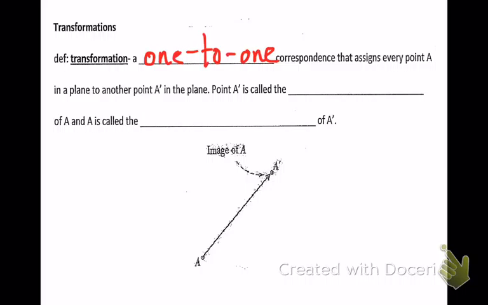The point A prime is called the image of A, and A is called the pre-image. So the initial point is the pre-image, right? And then when you assign the point to a new location, that's the image.